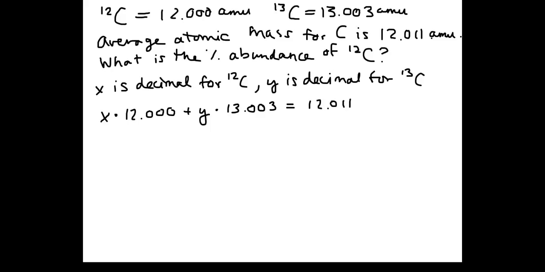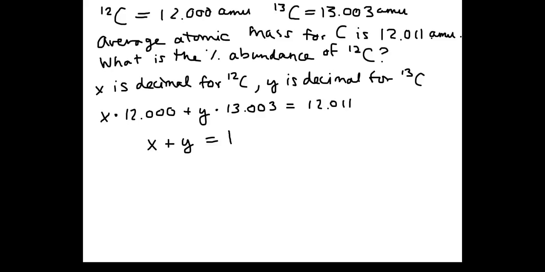Since we only have 2 isotopes, what do their percentages add up to? 100, which means their decimals add up to 1. So your X plus Y equals 1. You now have a 2-variable, 2-equation system.